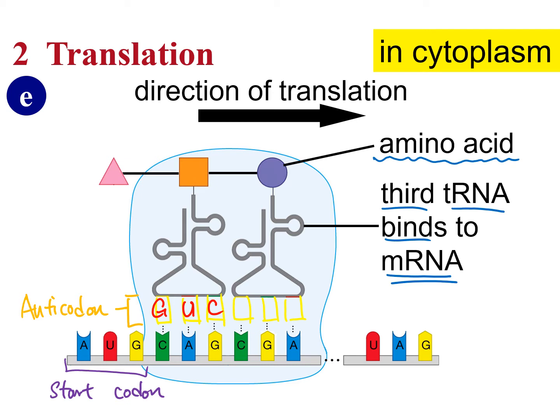Again, use the complementary base pair idea. C on the mRNA should pair up with G on the tRNA. And G should pair with C, A pairs up with U. So now the anticodon on the third tRNA should be G, C, and U. And of course, a peptide bond is formed between the second and the third amino acid.